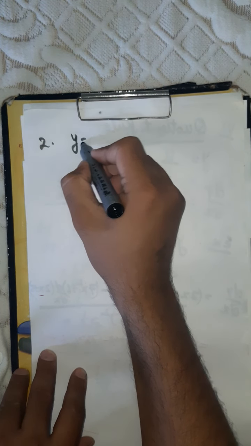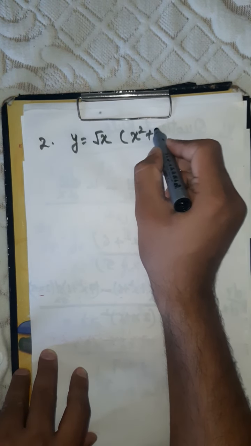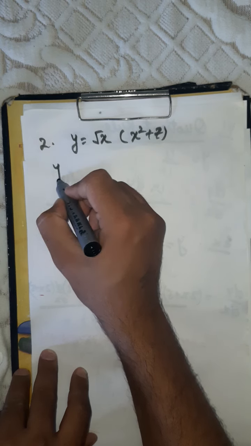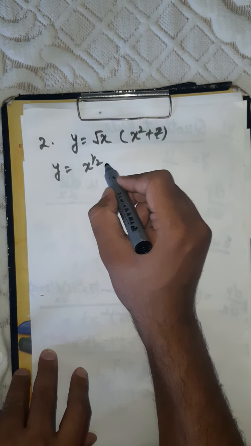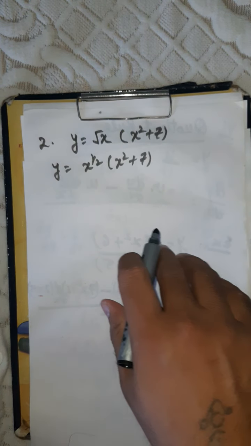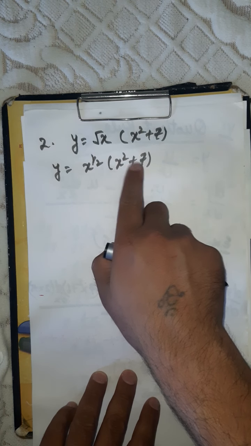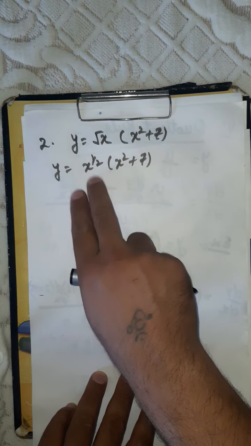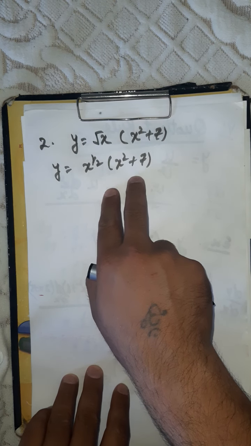Second question is y is equal to root x into x square plus 7. So similarly, first you have to convert the root into power 1 by 2. Okay. Now we can solve this question by two methods. Either you multiply this, open the bracket, or you can apply the product rule here. So better we will apply the product rule here.